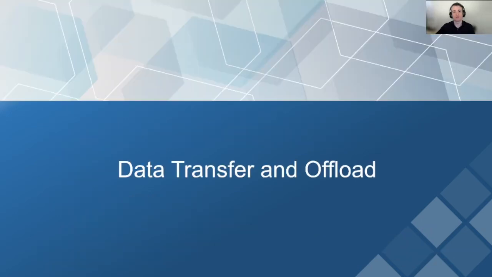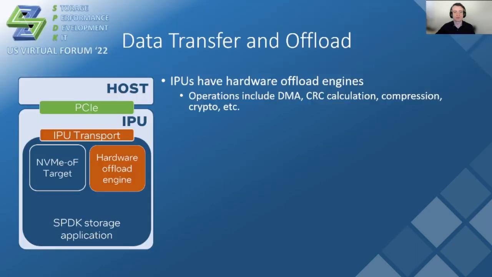So another important topic when talking about IPUs is how the data is transferred and how the operations are offloaded by the IPU hardware. IPUs will often have hardware engines that allow for offloading some operations, such as DMA, CRC calculation, compression, or crypto to the hardware. And in SPDK, we already have an abstraction for this.